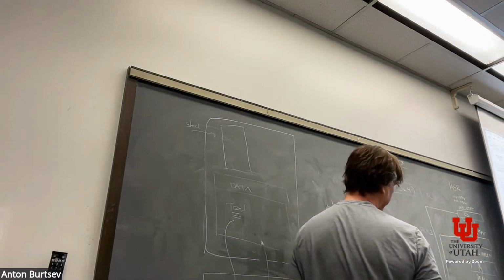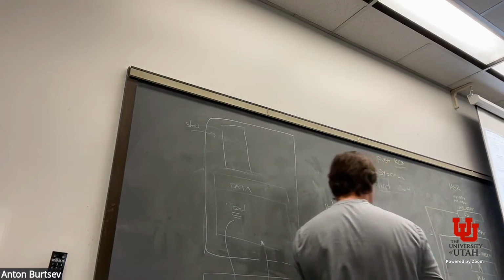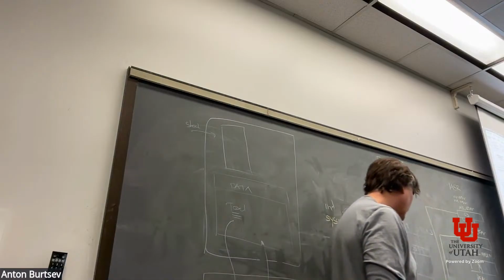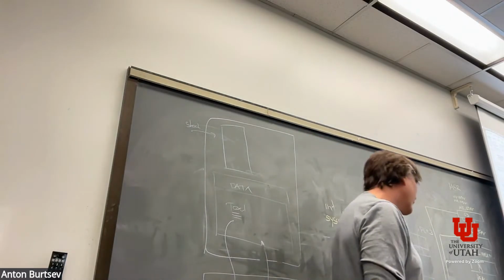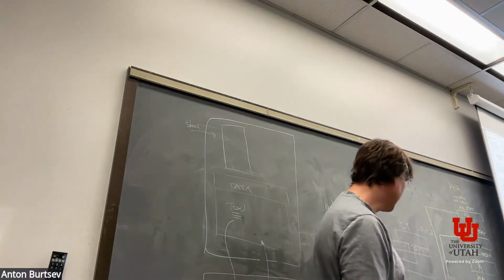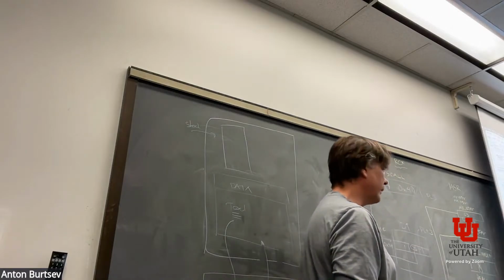in the GDT, right? So remember, when we were talking about GDT, I was saying, okay, the order of those entries doesn't matter, because it did not matter up until now. But suddenly, if you want to use syscall, then this data segment or stack segment should follow the code segment.